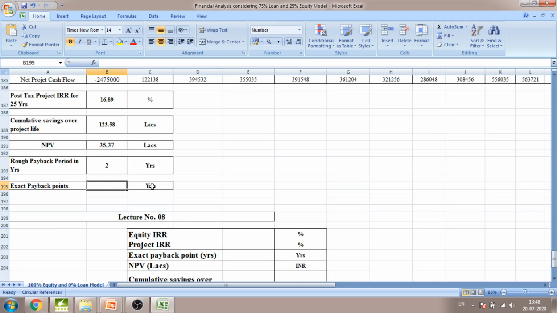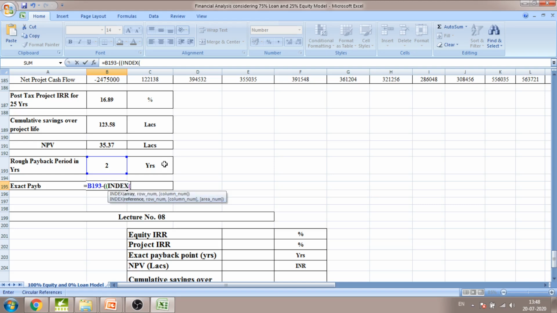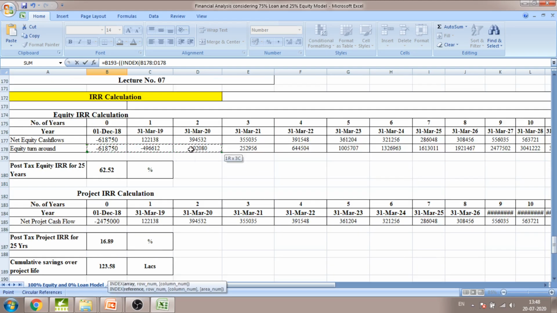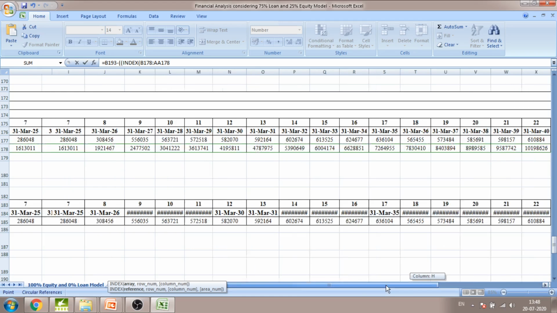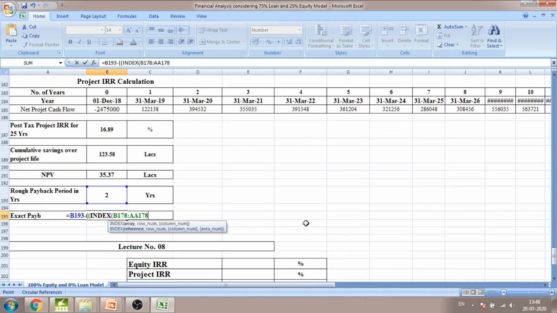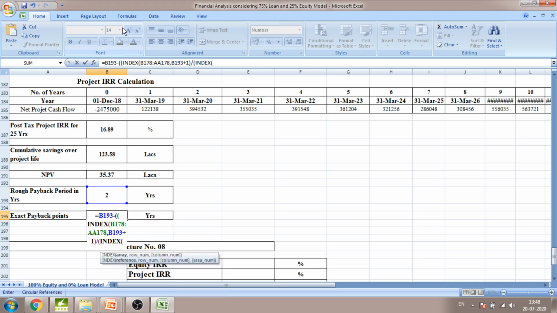Now we are going to calculate the exact payback point by using a formula, taking the reference of the rough payback period. We use the INDEX command to calculate it. INDEX in a bracket, we need to consider the equity turnaround of the project over the 25 years, comma, the reference of the rough payback period plus 1, bracket complete, divided by, again we use the INDEX command in bracket.